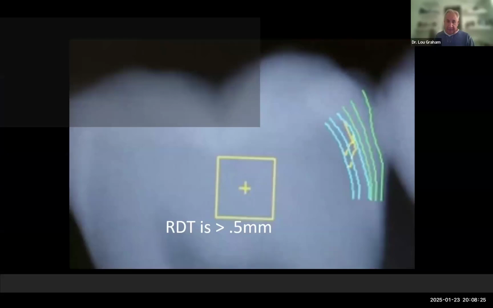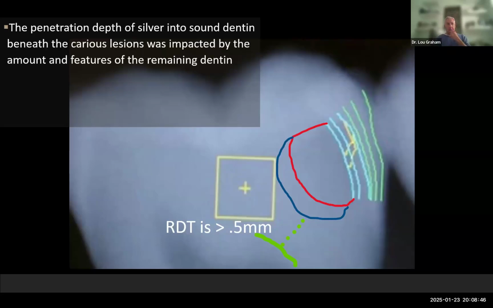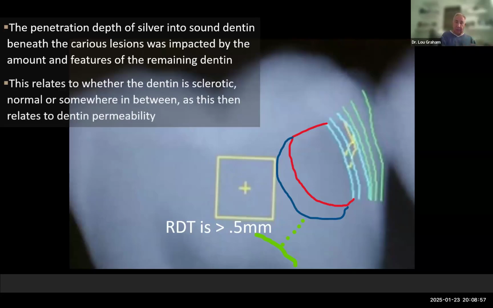So this is how I look at it. There's your caries. I'm going to assume there's some affected dentin. And below the affected dentin is your remaining dentin thickness. And this was definitely greater than 0.5 millimeters, probably closer to 2. The depth of the penetration of those silver ions going into the remaining dentin beyond the affected dentin is really determined by, is the dentin sclerotic or are the dentinal tubules wide open?